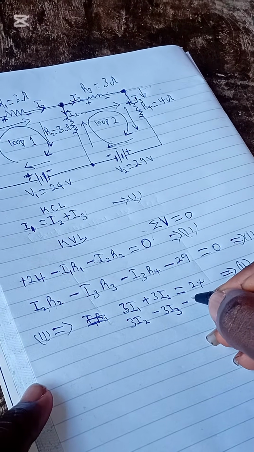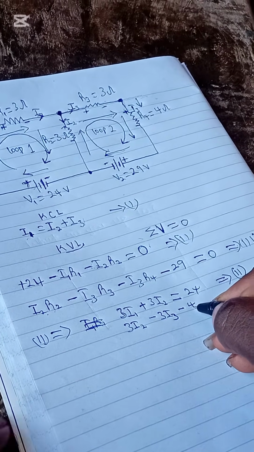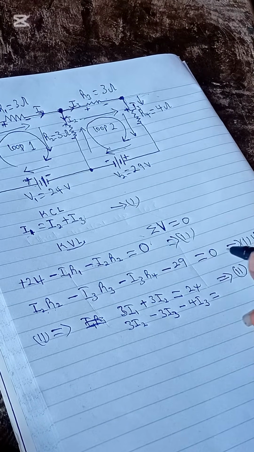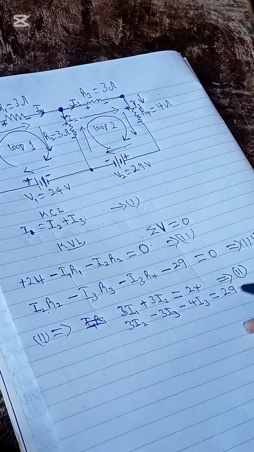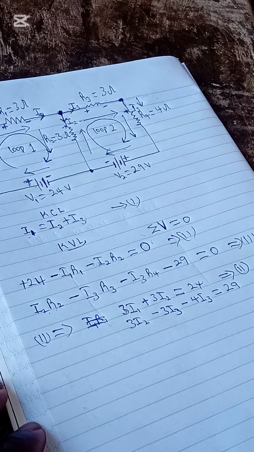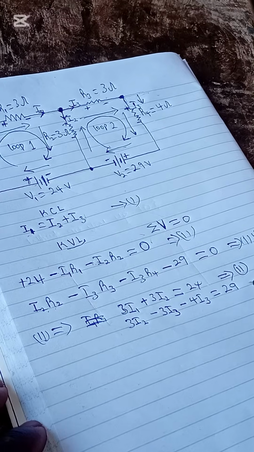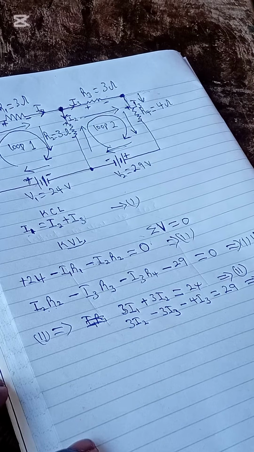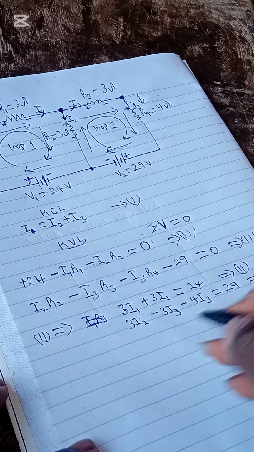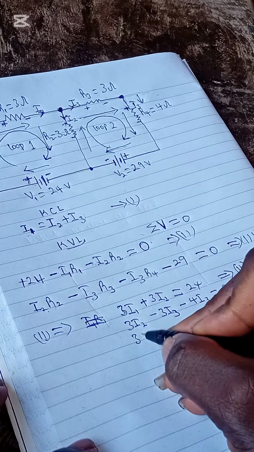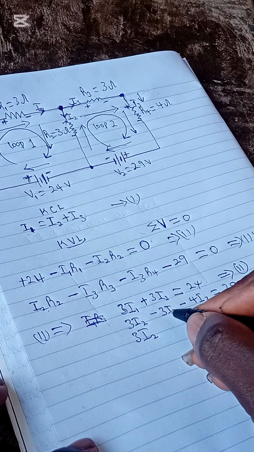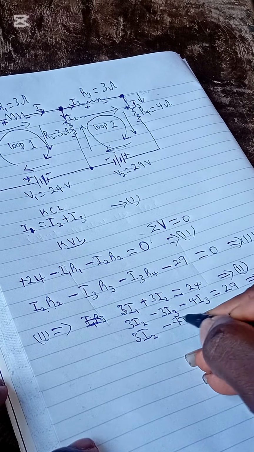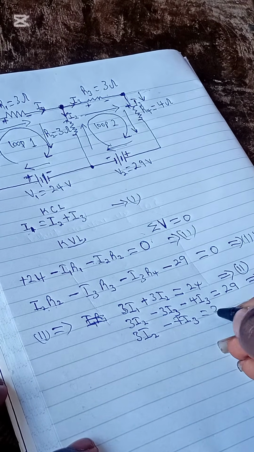We have minus 4I3 equals to, if this minus 29 goes to the other side, we have 29. So these are our equation 3. So this equation 3, we can still have it as 3I2 minus 3I3 minus 4I3, minus 7I3 equals 29.